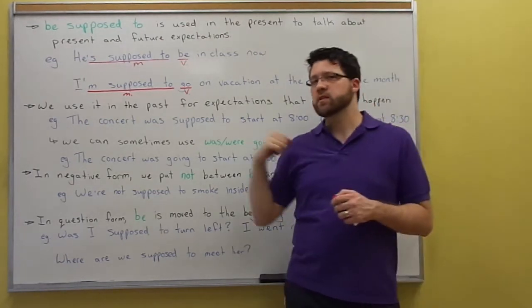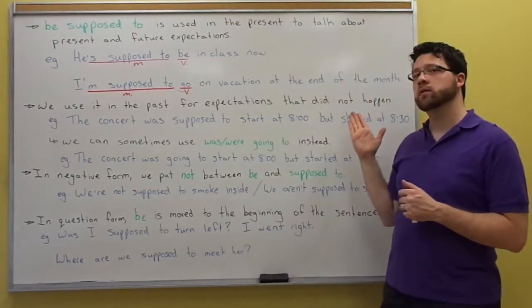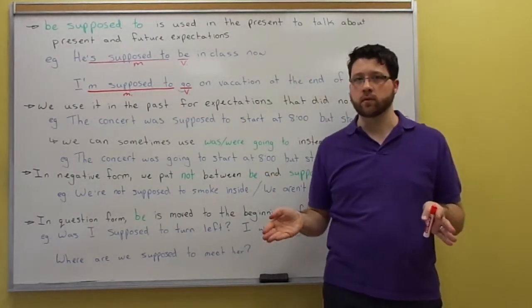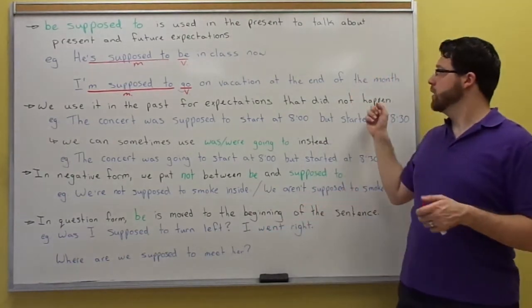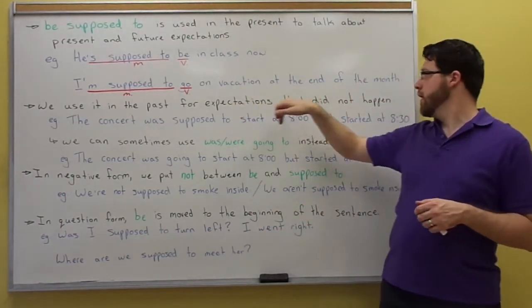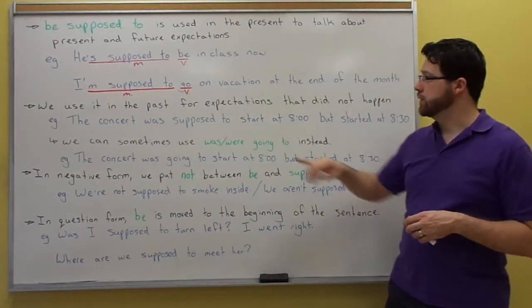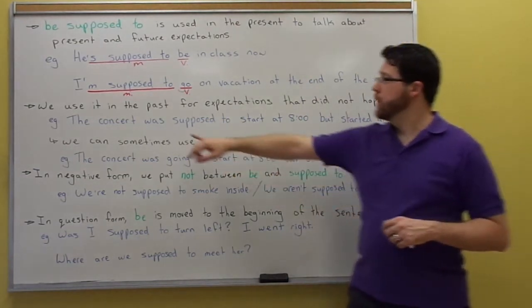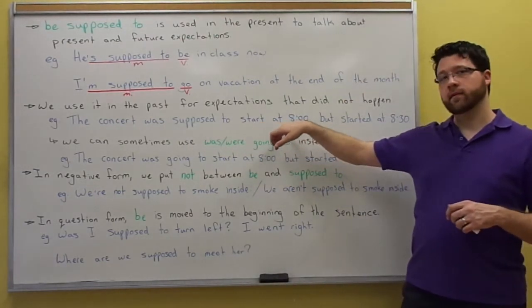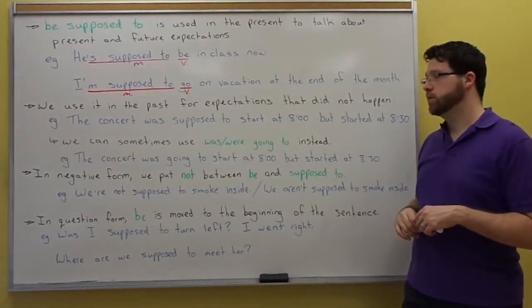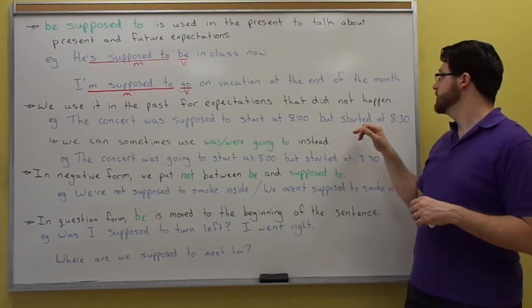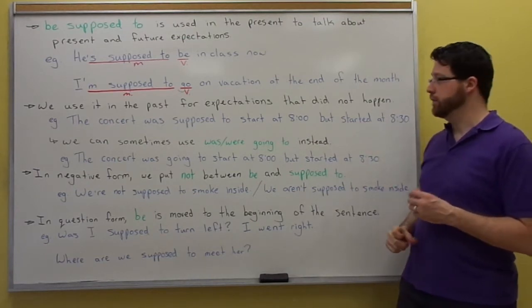We use be supposed to in the past for something different. We use it to talk about expectations that did not happen. So, for example, the concert was supposed to start at 8 o'clock, but started at 8:30.